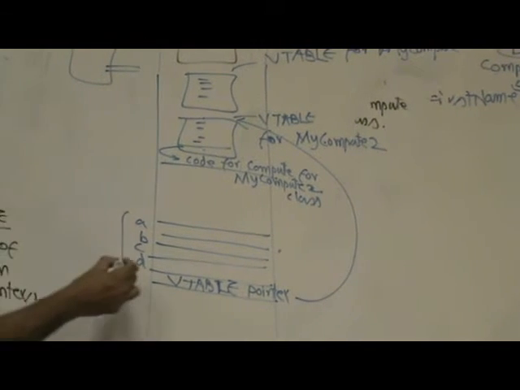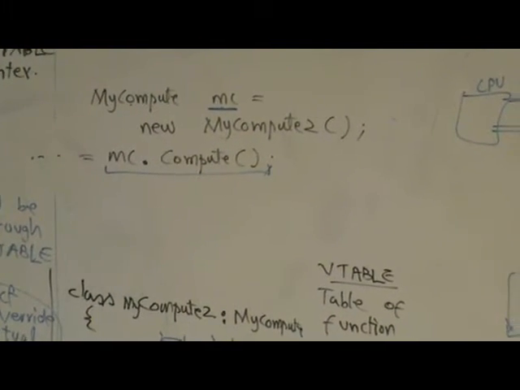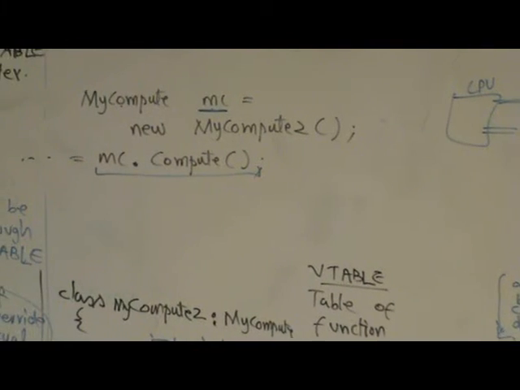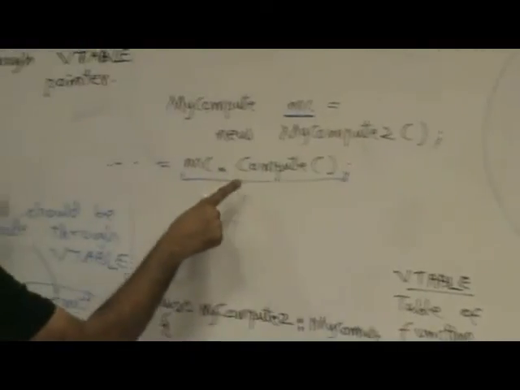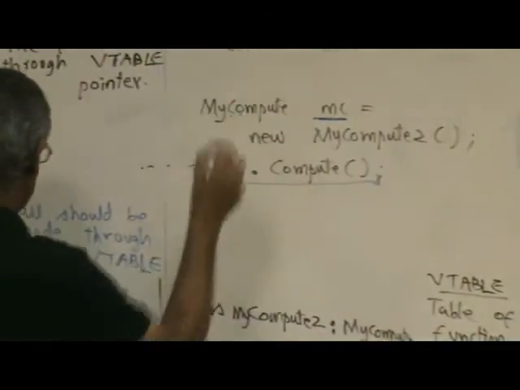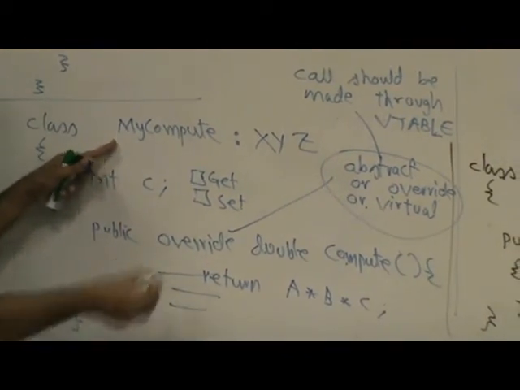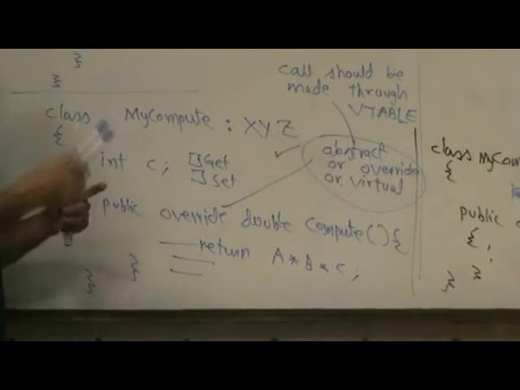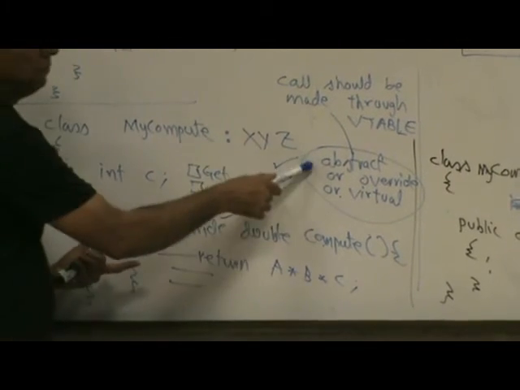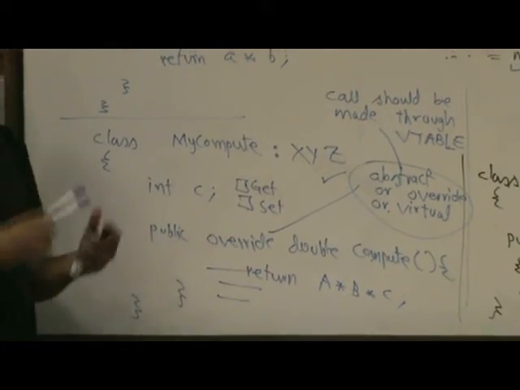Okay, so anyway, now once the compiler is trying to generate the code for which function should be called, how will it generate that code? It will start from MC. First, of course, it will check MC. MC is MyCompute. So we'll come over here and check, is it one of these 3 keywords? Sure, it is. So then the compiler knows that it should not try to guess which function it should call. It should actually go to the actual object, locate the vtable pointer, and then call the function.